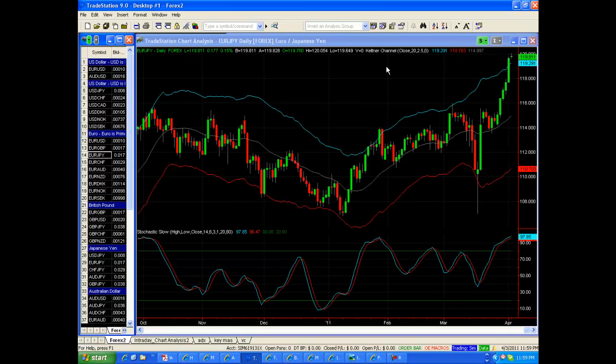Okay, the Euro Yen, full disclosure, I am short one mini lot. Yep, one mini lot of this cross. And the reason I am short is I am testing out a new system. And what I like to do when I try new systems and new techniques, and new things I pick up, is I like to paper trade them for a week.